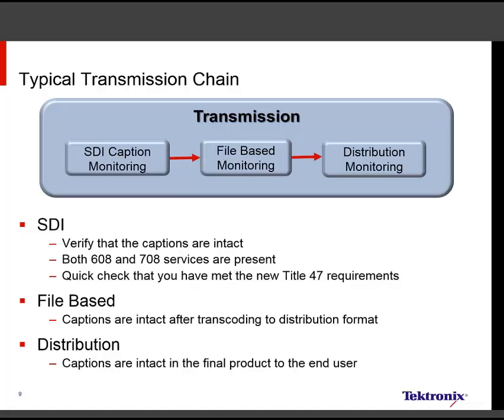In the file-based monitoring, we need to make sure that we have not mangled the captions and the captions are still intact. Then in the distribution chain, we still need to be able to monitor all the way to the end of the system that we are delivering captions that are reproducible on the consumer's screen.